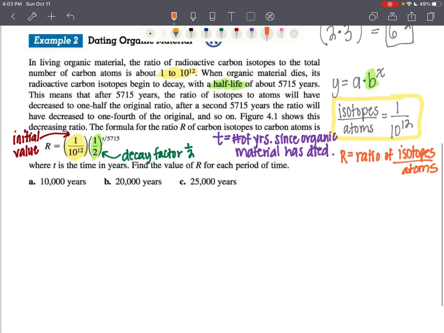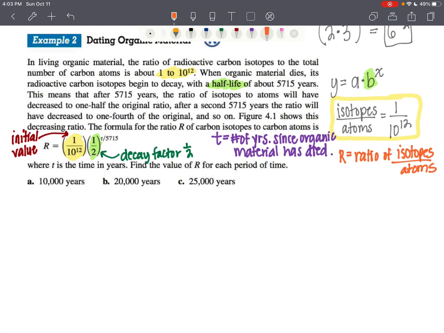So if I have 10,000, actually it would be 11,430 years, that would have decayed twice. So every 5,715 years, we decay. But you can see here, 10,000 years, we don't know how many cycles that's gone through.